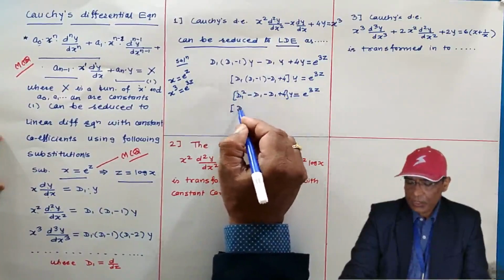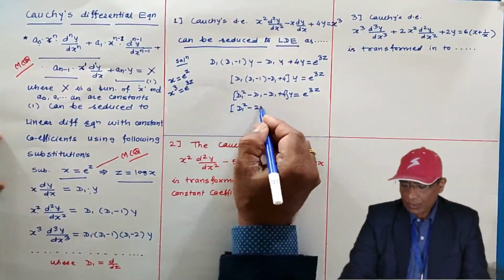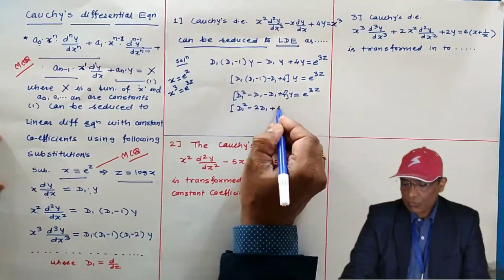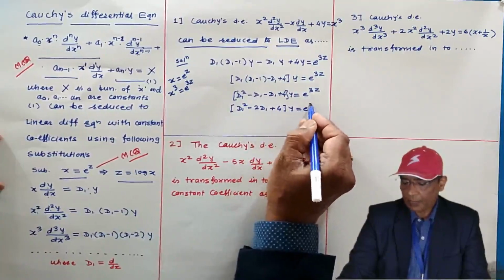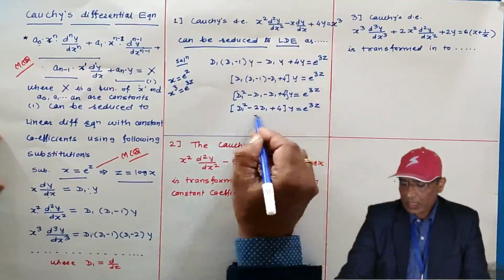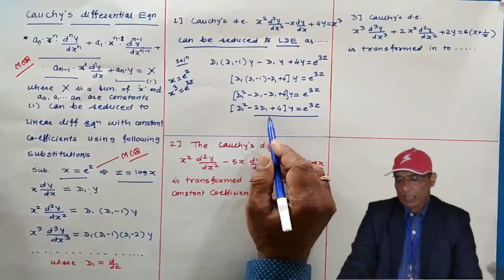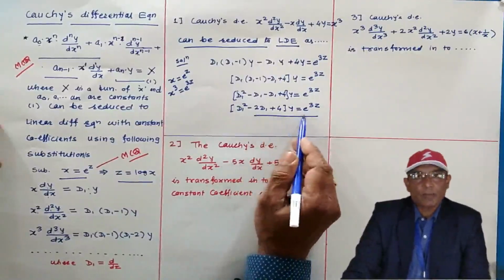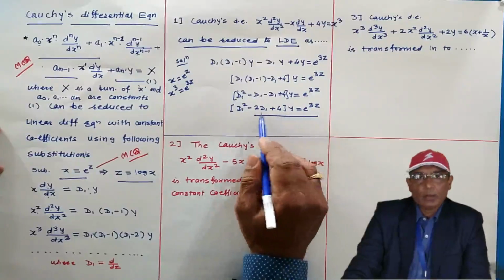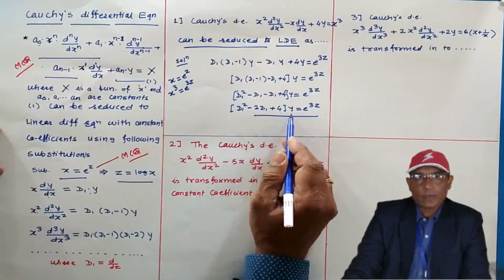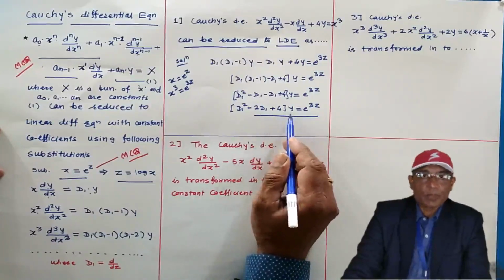Next step, D1 square minus D1 minus 2D1 plus 4 y equal to e raised to power 3z. Okay, this is linear differential equation with constant coefficient, and this will be one of the options given in the MCQs.